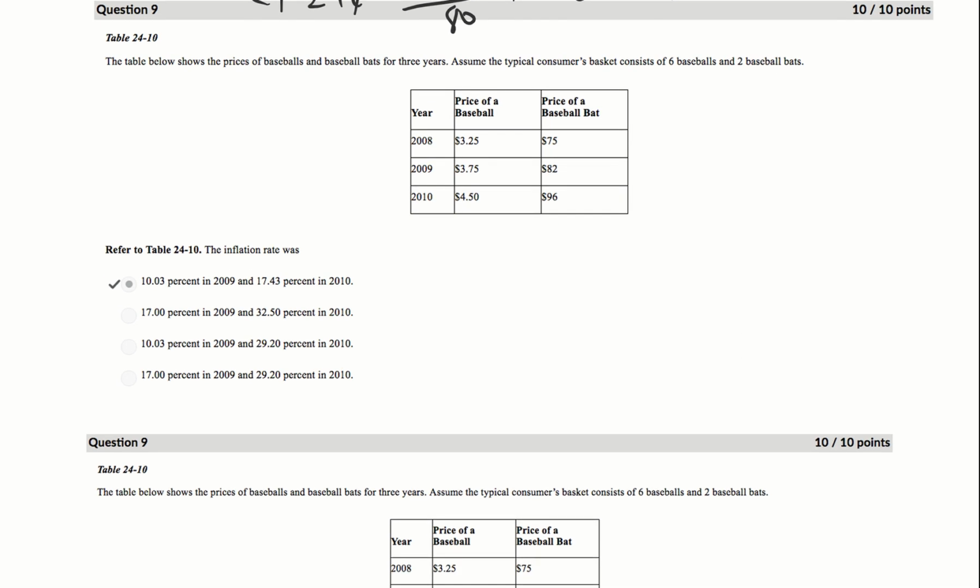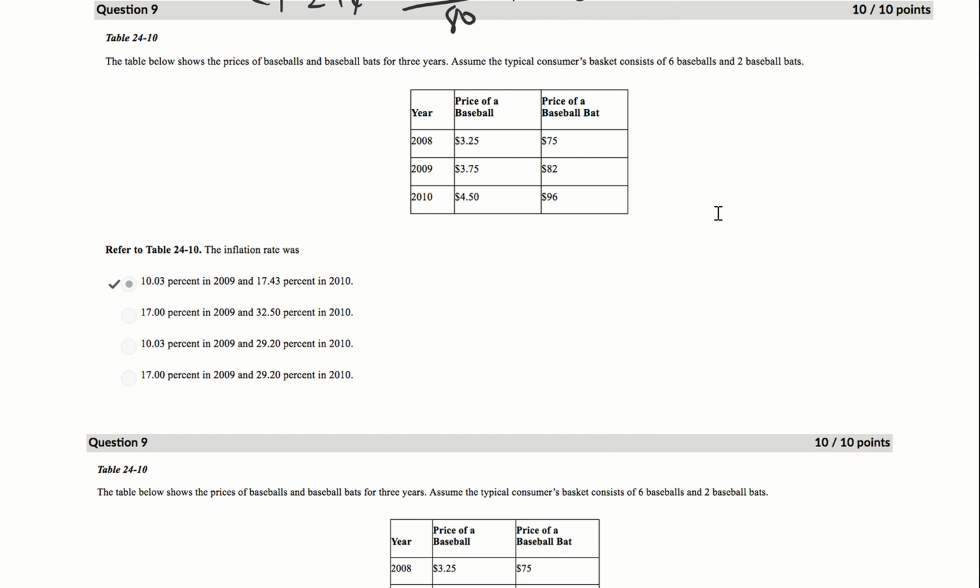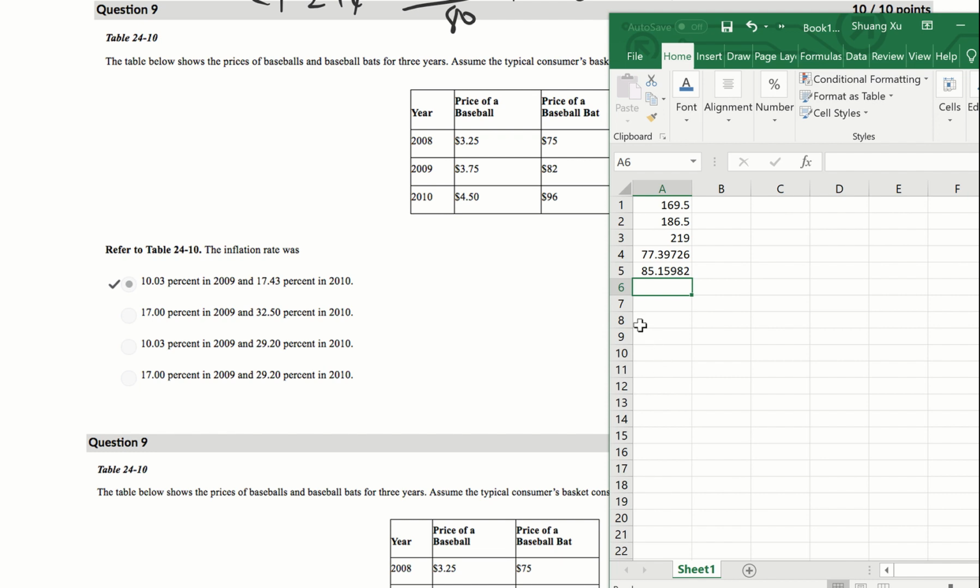Okay, looking for inflation now. Do we still have the numbers from before? Yes, we do. The same information. All right, so we're looking for inflation between 2009 and 2010. We can actually use this information here to find inflation.